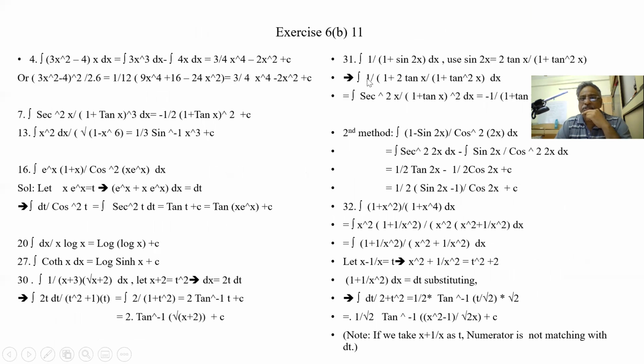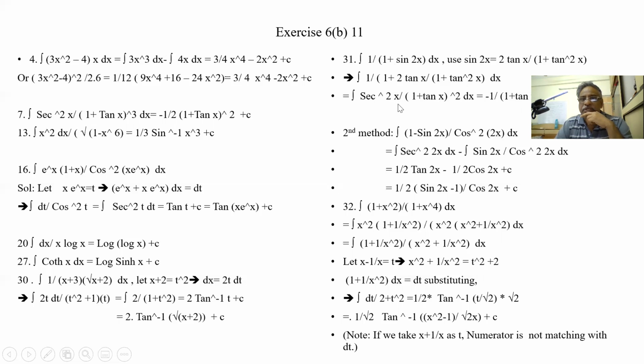If I use this, 1 by 1 plus sine 2x becomes secant square x by 1 plus tan x whole square dx, because 1 plus tan square x plus 2 tan x is 1 plus tan x whole square, and this 1 plus tan square becomes secant square x, which goes to the numerator.